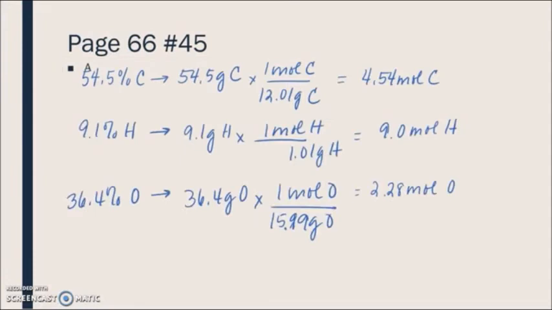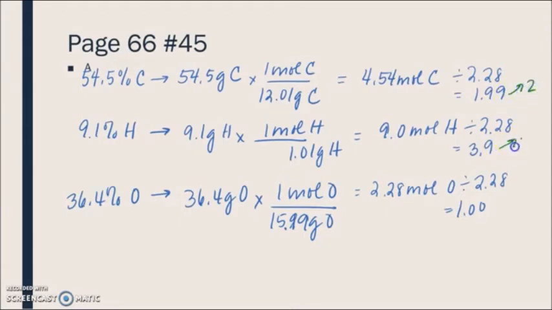So if you find the number of moles of each one of those, these are the numbers that you should get watching sig figs. And then you're going to go through and divide by the smallest number of moles. And when you get those numbers, lucky for us, all of these are roundable numbers. So that's going to round to 2, that's going to round to 4, and that's going to round to 1.